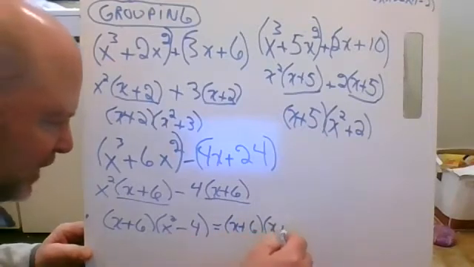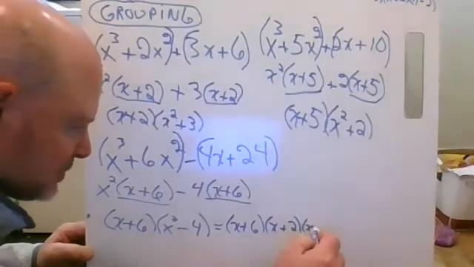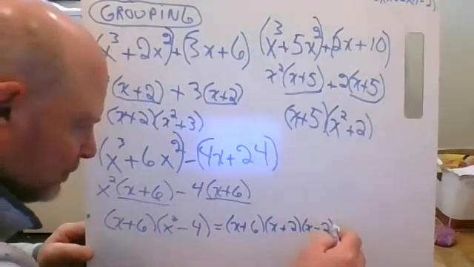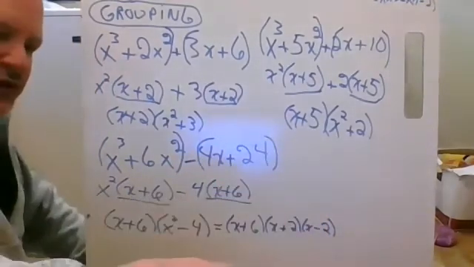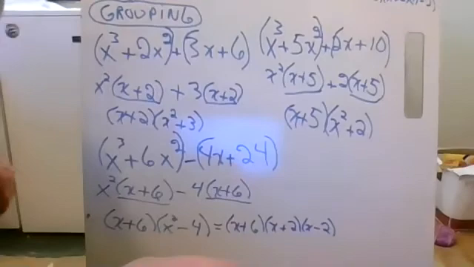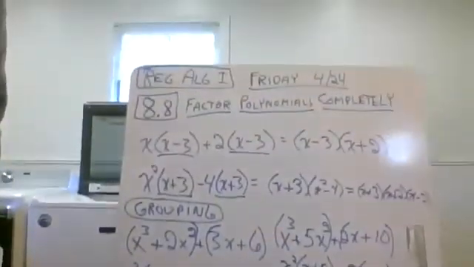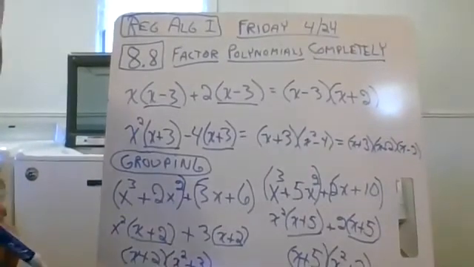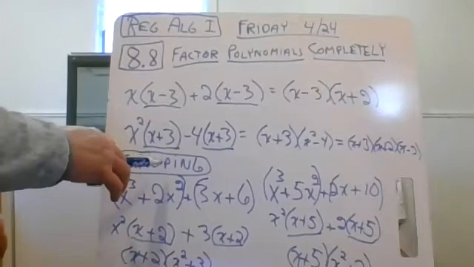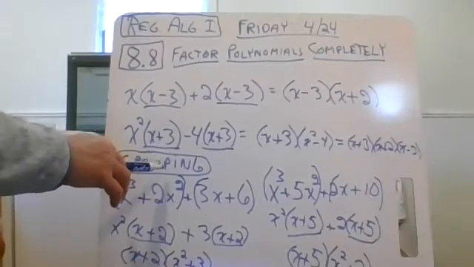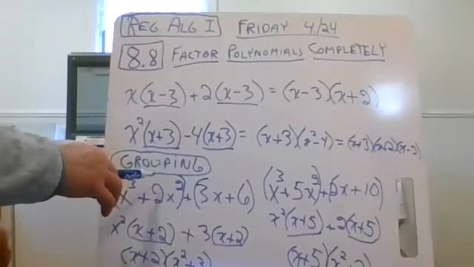And that gives you x plus 2 times x minus 2. And now we have 3 factors that do not factor anymore. Okay? All right. So that's a special process called factoring by grouping.